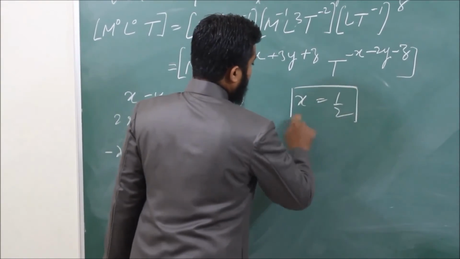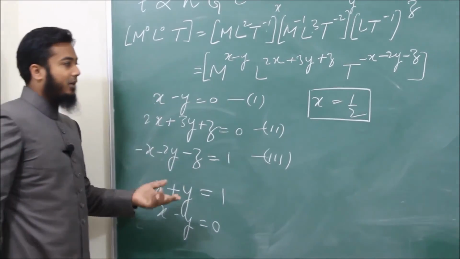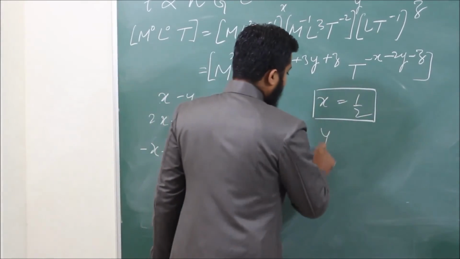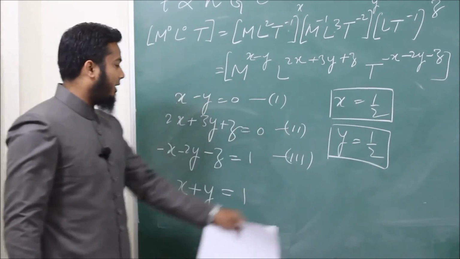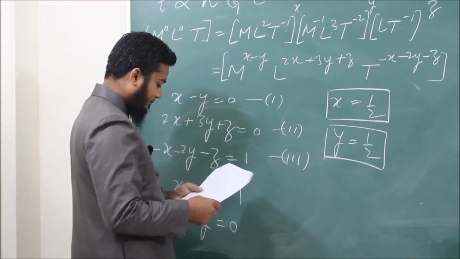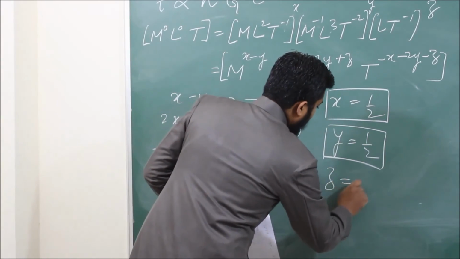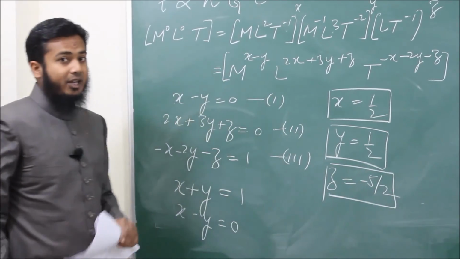Now from equation 1, X and Y are equal, so Y is also half. Put these values in either of these equations, and you will get the value of Z as minus 5 by 2.